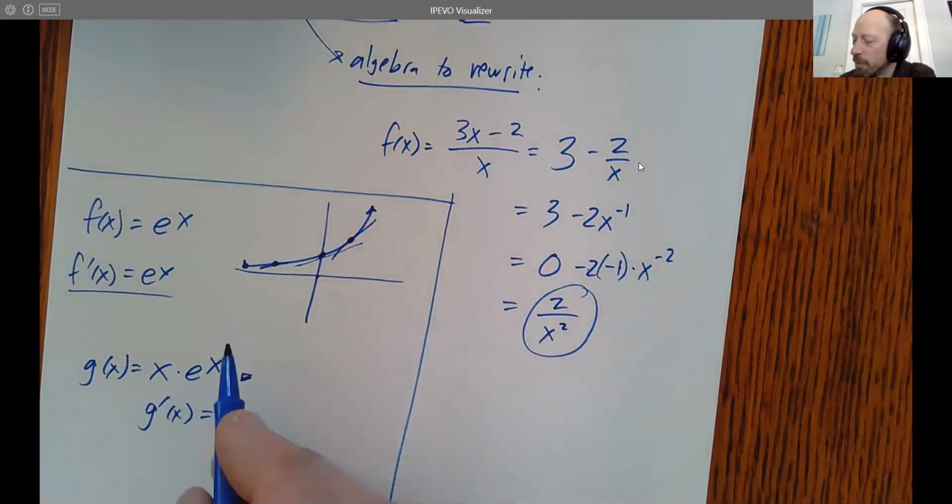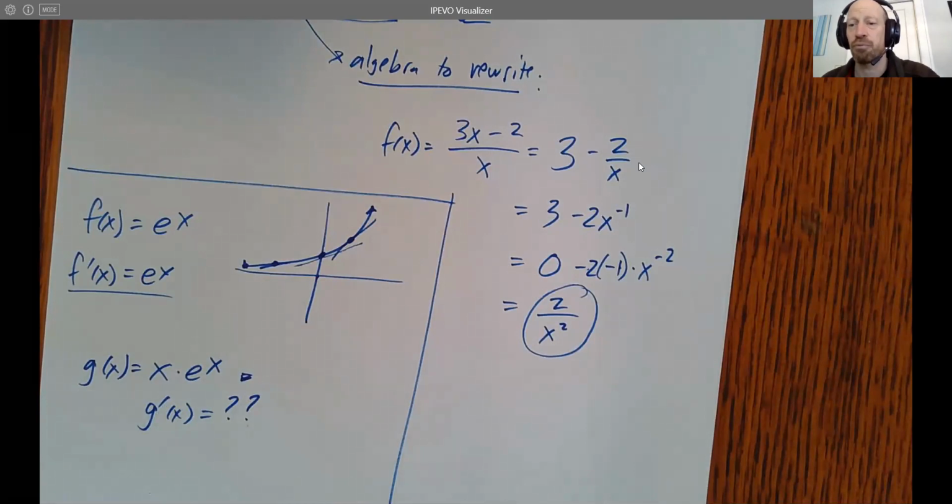In fact, at the moment, we are stuck. We don't know what that derivative is. We need to learn how products of functions work. And we will do that, but that's a teaser that I think is on Thursday. Okay, any last questions?